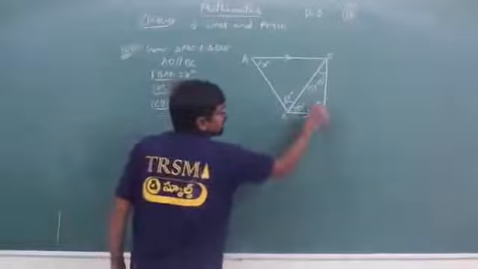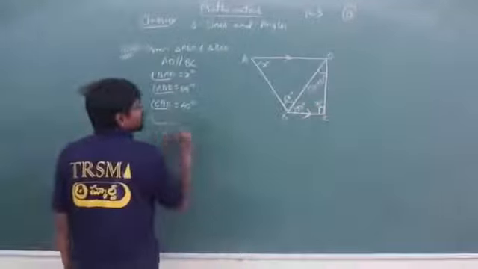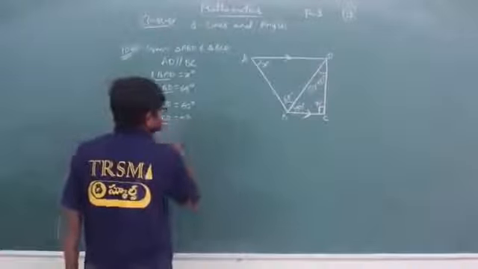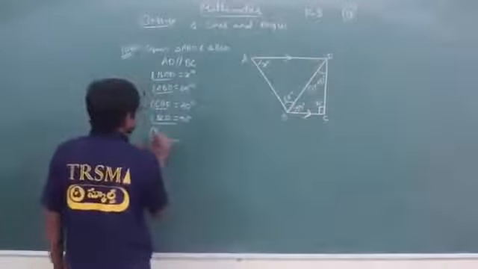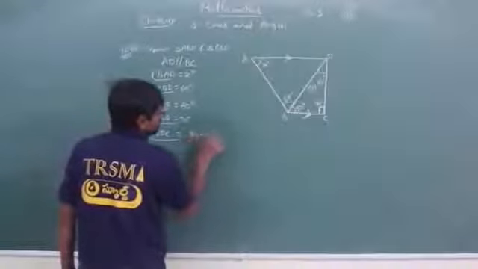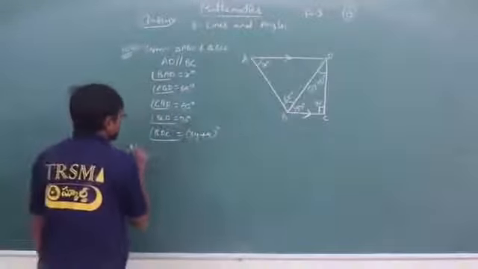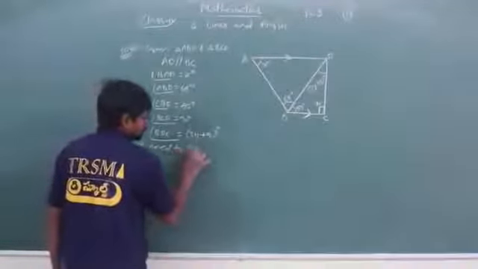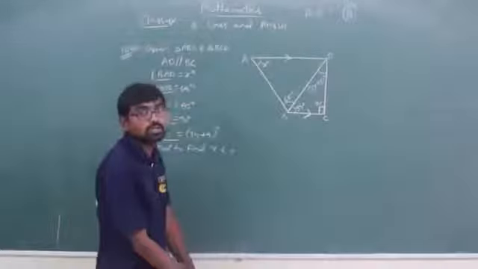Similarly, this angle represents 90 degree, isn't it? So angle BCD is equal to 90 degree. Similarly, angle BDC is equal to 3y plus 5 degree, isn't it? Now what we need to do is find x and y here.